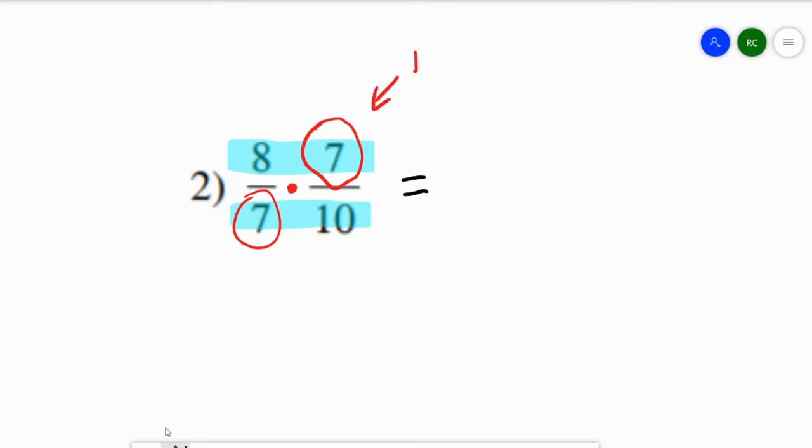This 7 is a multiply, and this 7 on the bottom is a divide. We're multiplying by 7 up top. We're dividing by 7 on the bottom. What is 7 divided by 7? Well, it's 1.